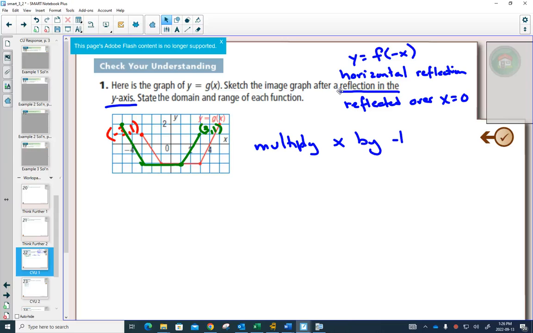Some people can only reflect parts of it at a time. They're like, I have no problem taking this half and flipping it over to match that half. I can take half at a time, and then I can take the other half and flip it over. So just different ways that you train your brain to try to visualize things.